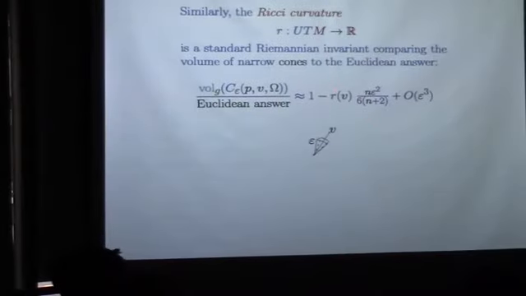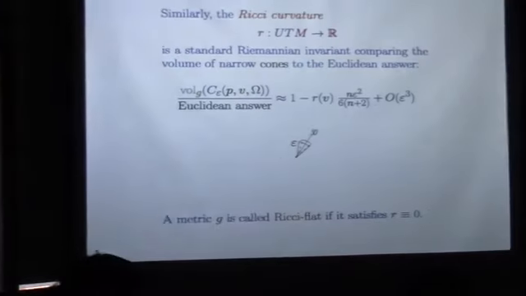So if you're shooting out along geodesics in a very narrowly focused cone, then the volume of the cone compared to what you would expect in Euclidean space again has an expansion, and this coefficient is called the Ricci curvature in that direction. If you do know some Riemannian geometry, this coefficient is actually the Ricci curvature fed two copies of a unit vector.